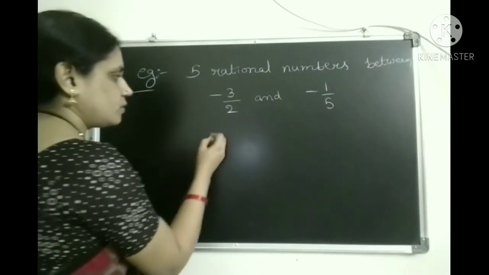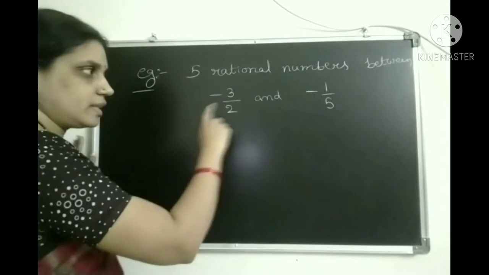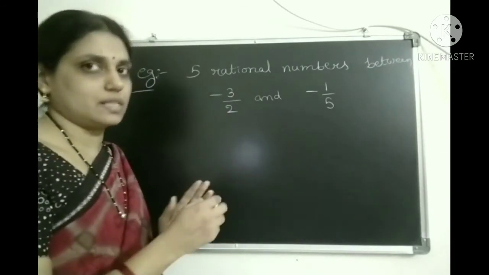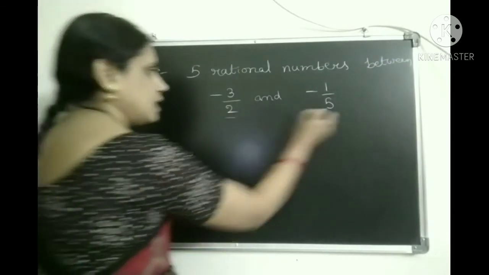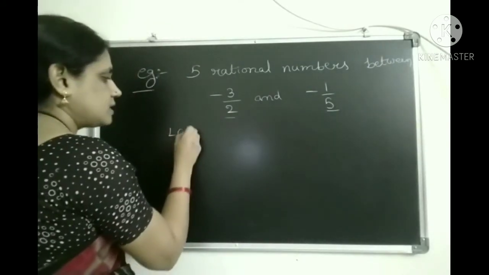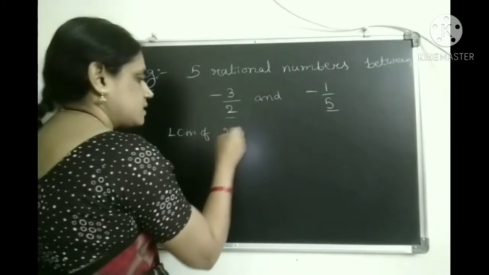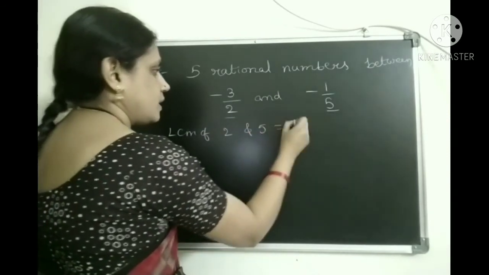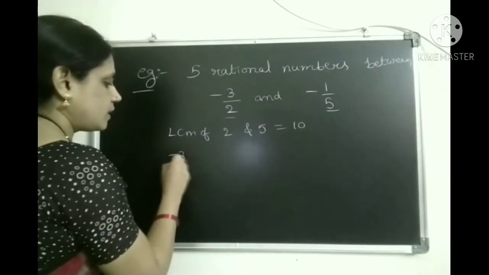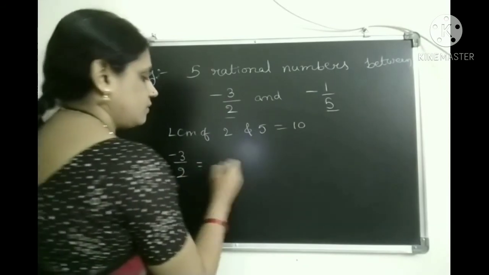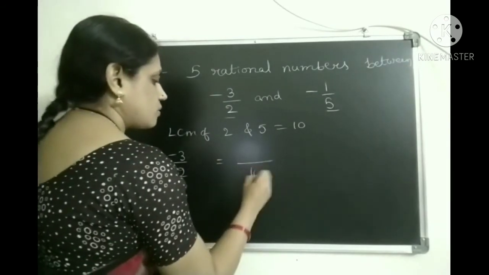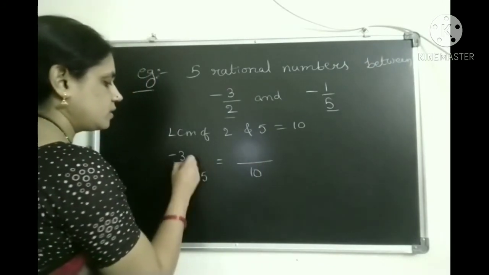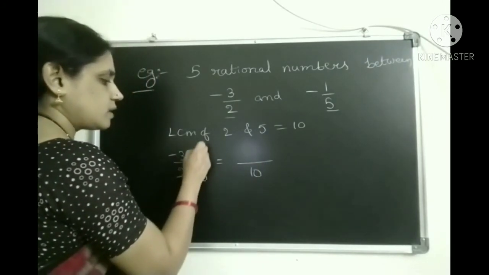So what we have to do, as I said, is take the LCM and make them like rational numbers by writing equivalent rational numbers. What is the LCM of 2 and 5? It is 10. So minus 3 by 2, with denominator 10: we multiply the denominator by 5, and the numerator also by the same number.